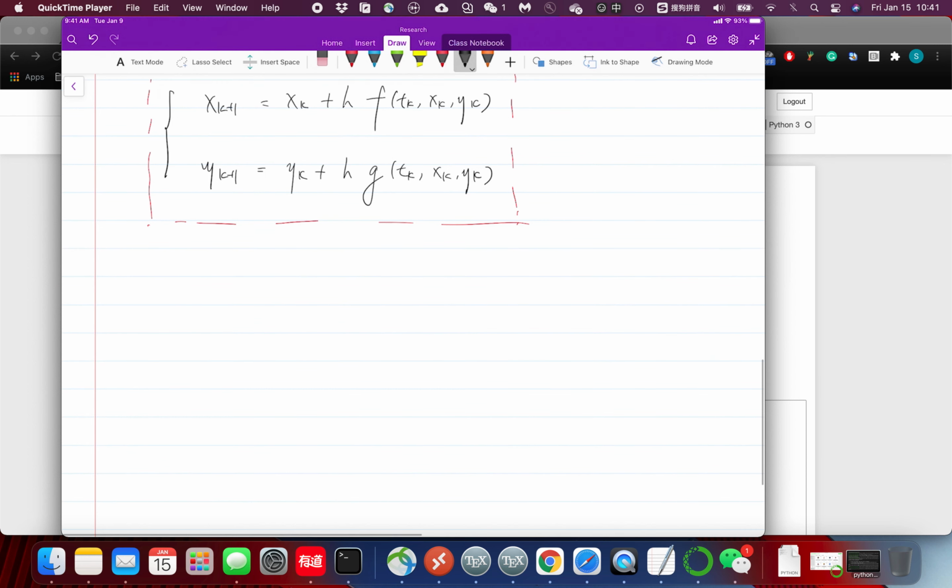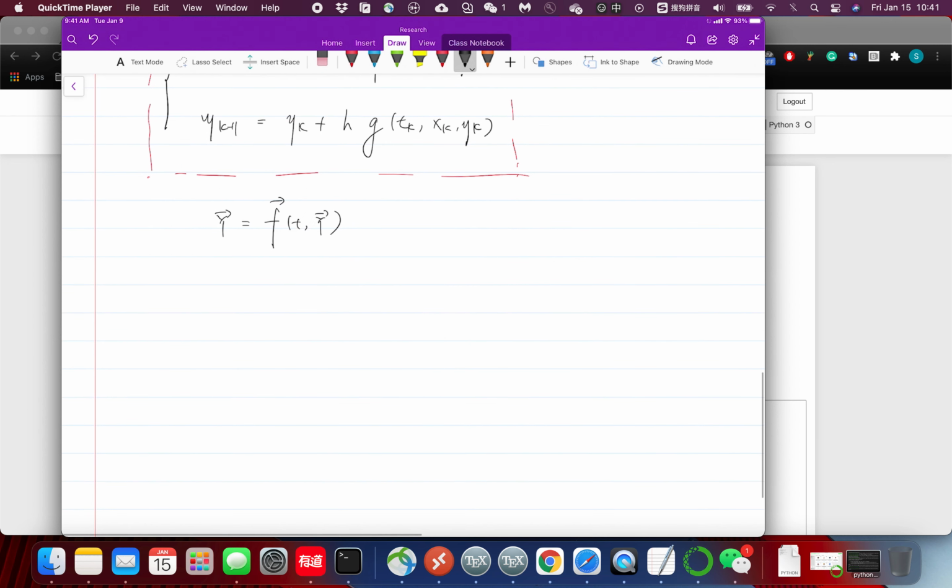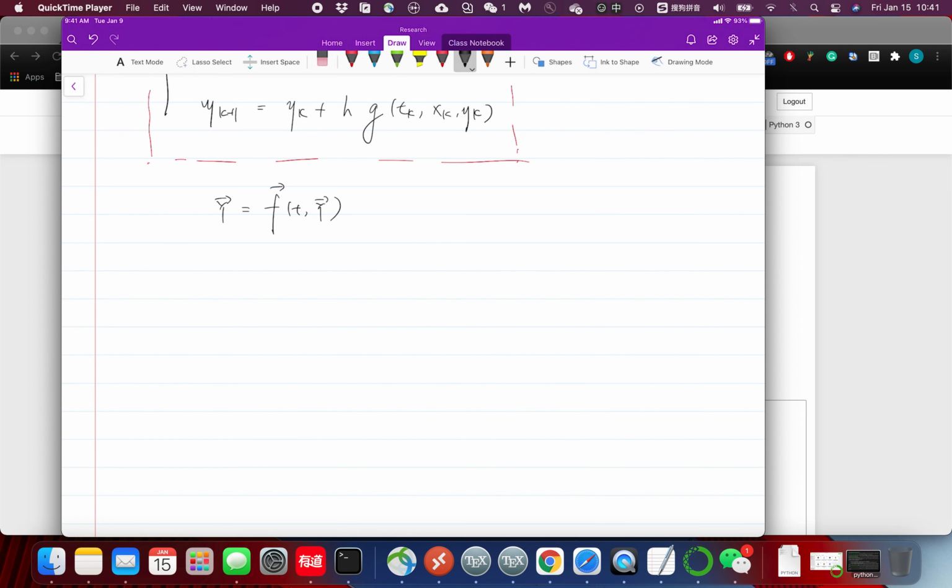Now if you think about it, there's another way to write it. And if you really write it down, we can actually do a nice job if we rewrite the original thing. Of course, this is a vector function. And then we can simply write down Yk plus 1 equals Yk plus h times F of tk, Yk.